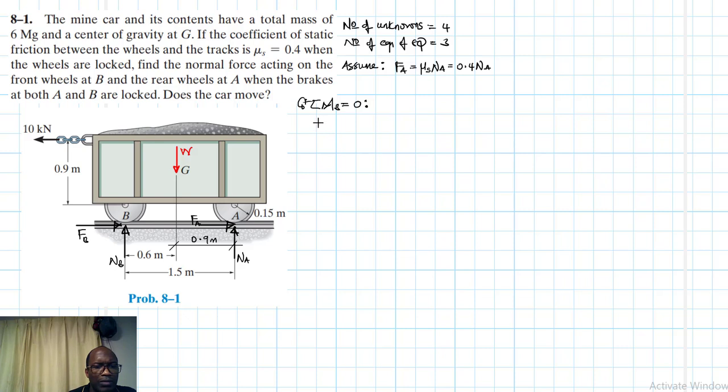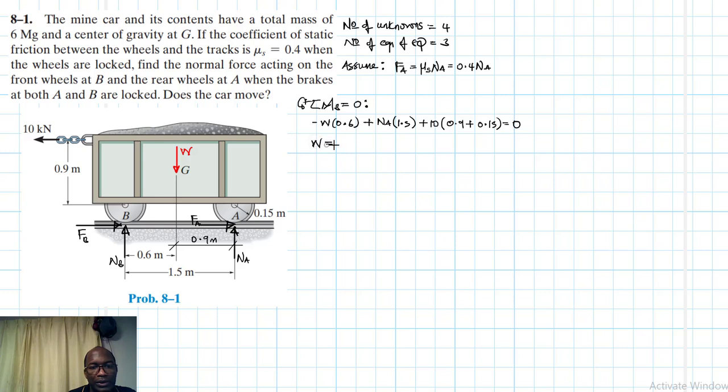We have a minus W times 0.6, and then we have a plus NA times 1.5, and then a plus 10 times (0.9 plus the radius of the wheel, which is 0.15), equal to 0.